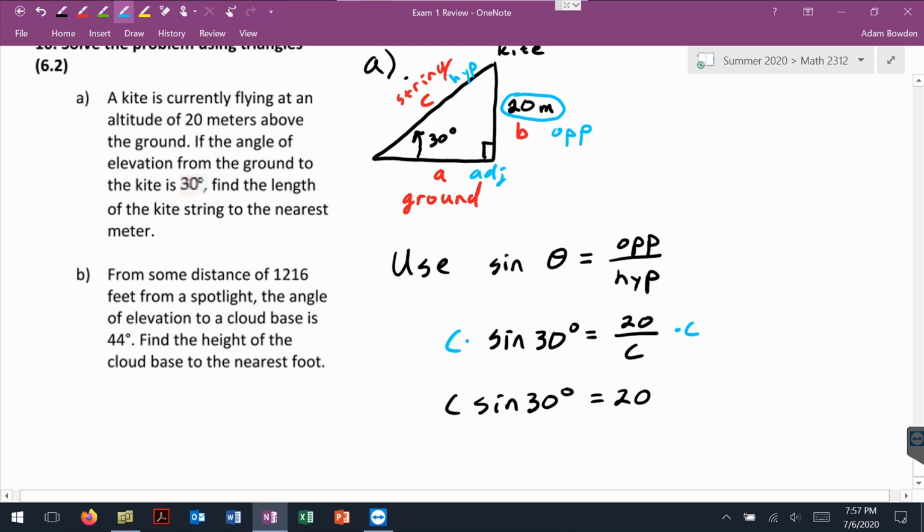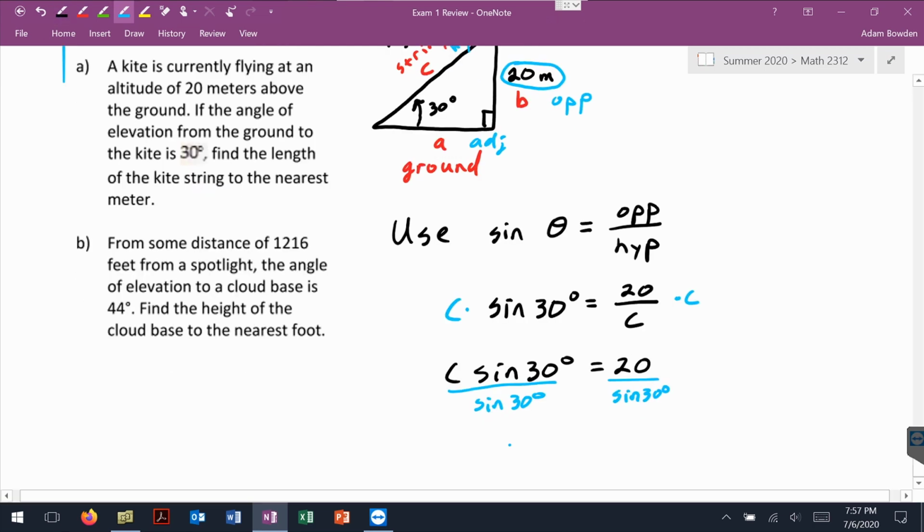And what I'll do here is I'll divide both sides by sine 30 to get C is equal to 20 over sine 30 degrees. And when I use the calculator to approximate that, it comes out exactly, not approximately in this case, but exactly 40 meters.